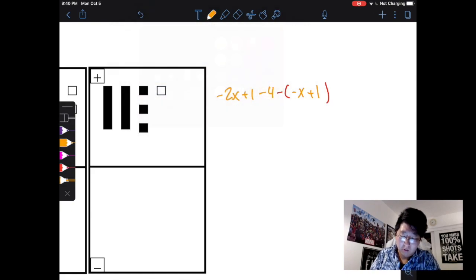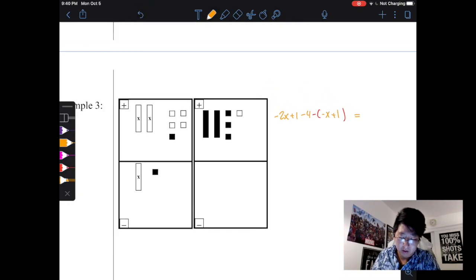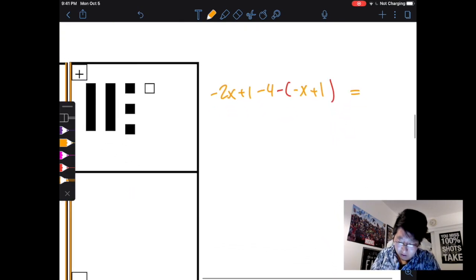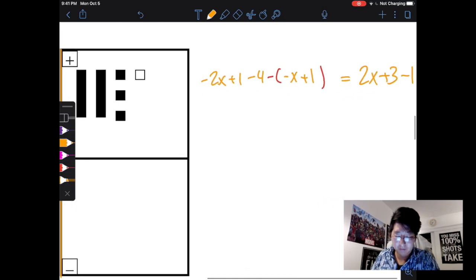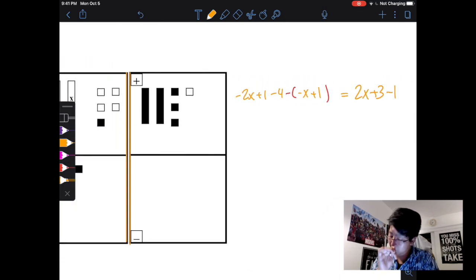And all of that equals, right? Because this right here equals 2x plus 3 minus 1. And there's no opposite land.